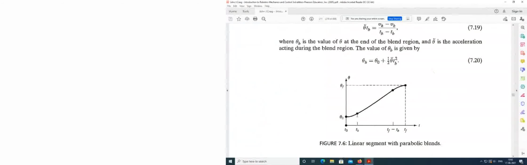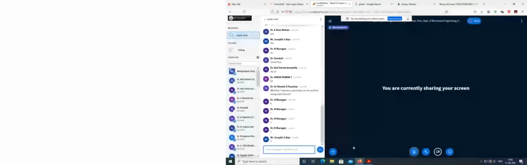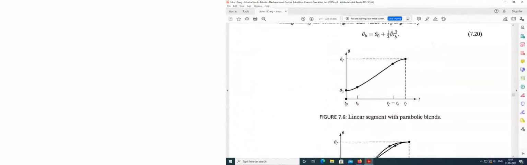For example, if we choose TB at this point, finally I will end up at theta f when t is equal to tf. If I choose TB at this point, even then I will end up at theta f when t is equal to tf. On what basis do I have to choose my TB?